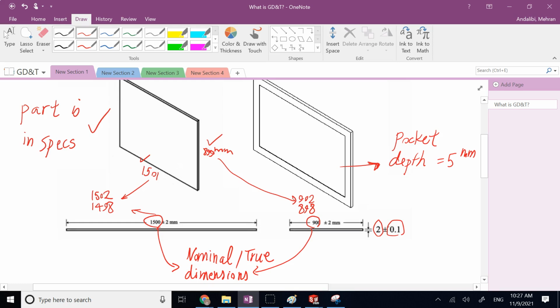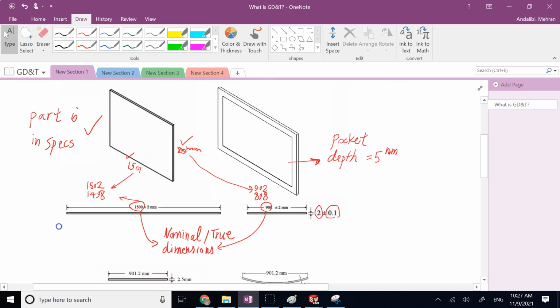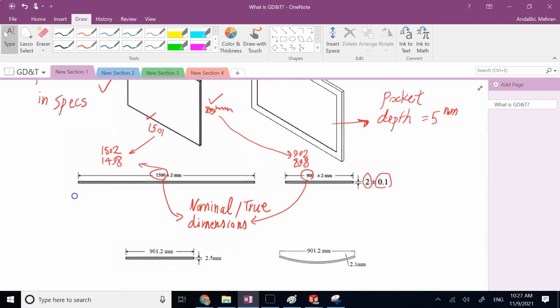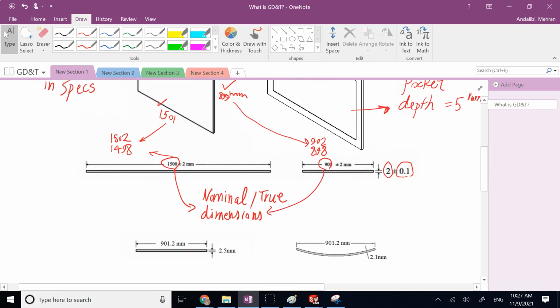Okay, so I want some gap to exist between the edge of the mirror and the outer edge of the pocket. Good, and it works if, let's say, now you get 2.5 mil thickness out of the factory, right?